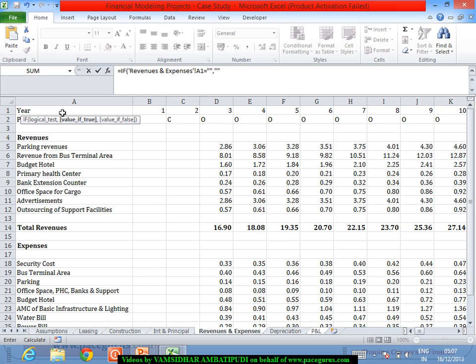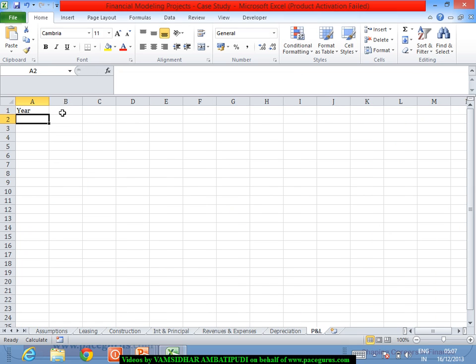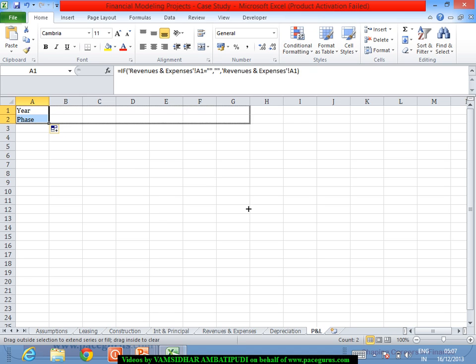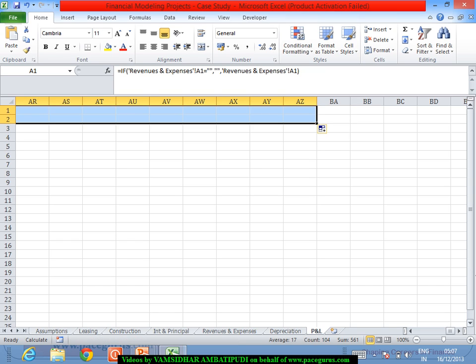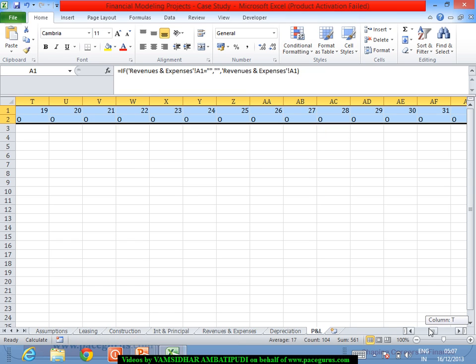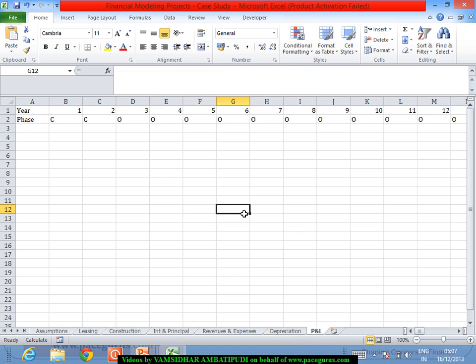If that is blank, I will leave it as blank. Otherwise, I'll populate it with that particular value. The first two cells, I'll maintain that level of consistency across, and the same thing I'll drag until the period AZ. Let me maintain this consistency across, because this will handle even if the number of years has gone up or gone down.